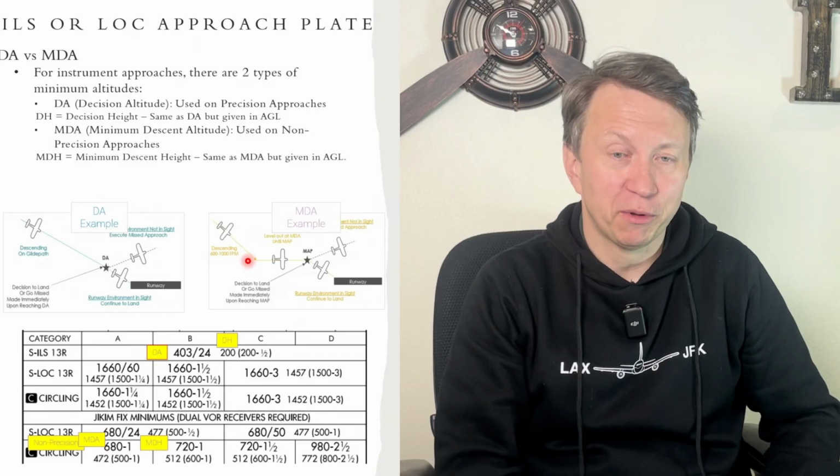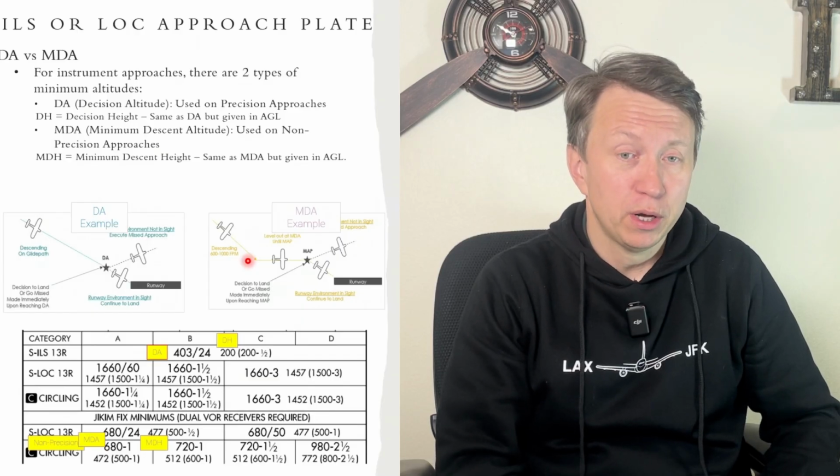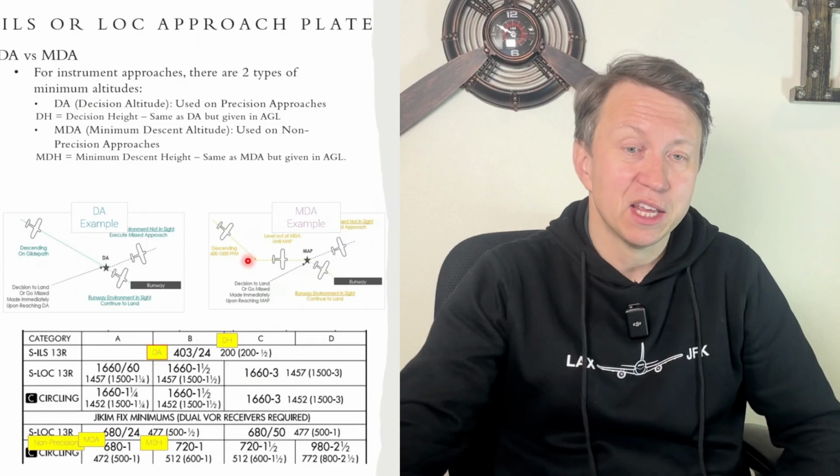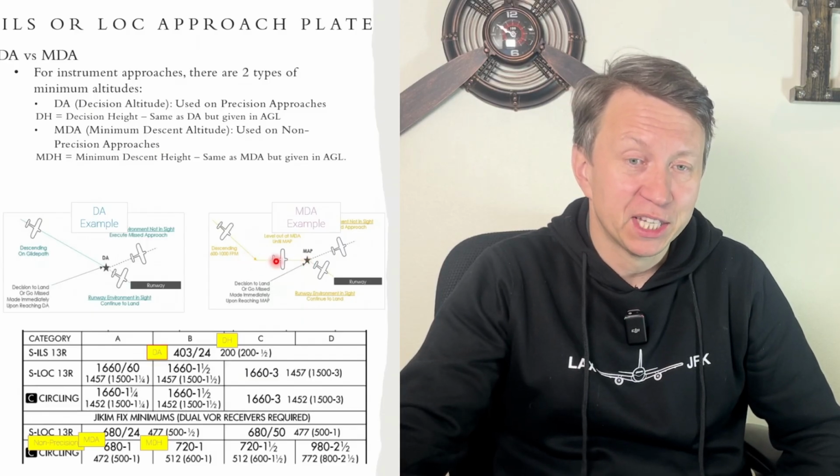You can proceed to land before if you have the runway in sight. The key difference in DA versus MDA is this level off and fly level segment that does not exist with precision approaches.